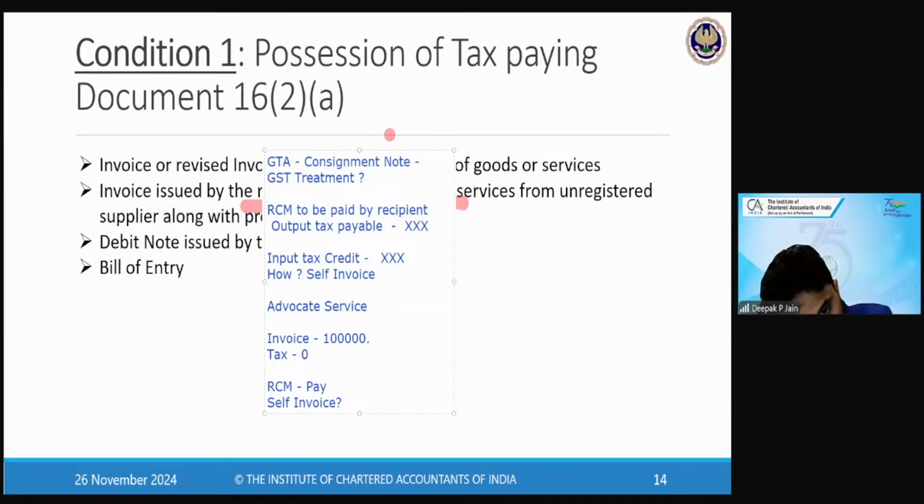Okay, others, what are you saying? Self-invoice not required. Why not required?